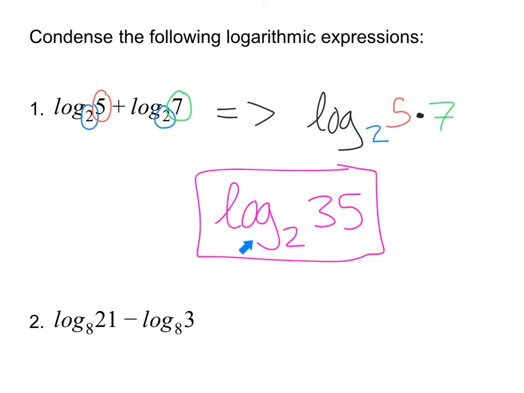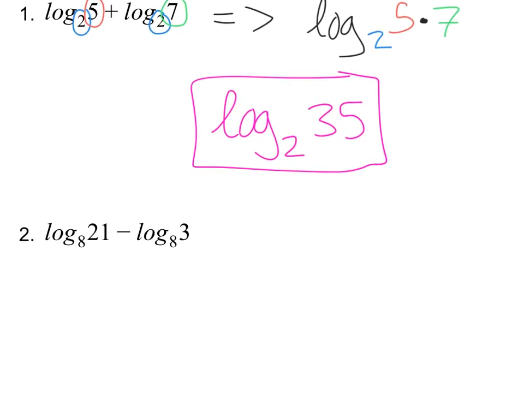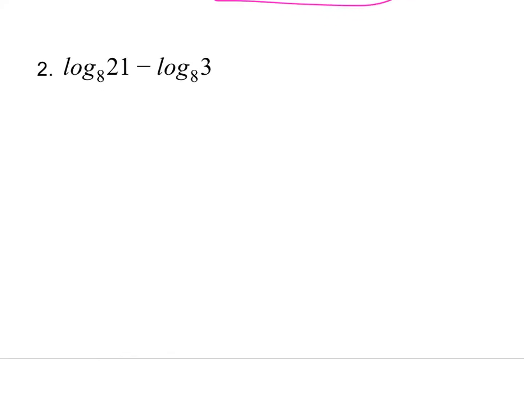Right? Pretty simple. Now, let's move on down to number 2, log base 8 of 21 minus log base 8 of 3, right? So that's just going to imply, again, just combine them, nothing big.